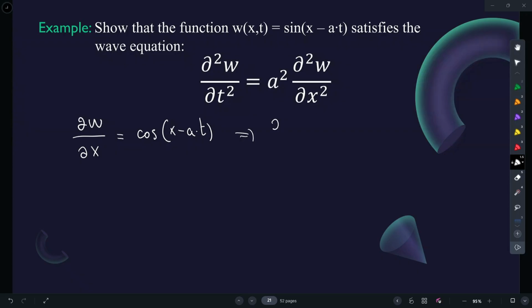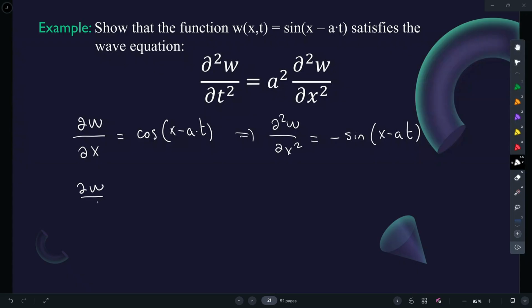Then that means that for the second derivative with respect to x, now I'm going to take the derivative of this function with respect to x. What do I get? I get minus sine evaluated at this times the derivative of the inside, which is again 1. So that is the second derivative with respect to x.